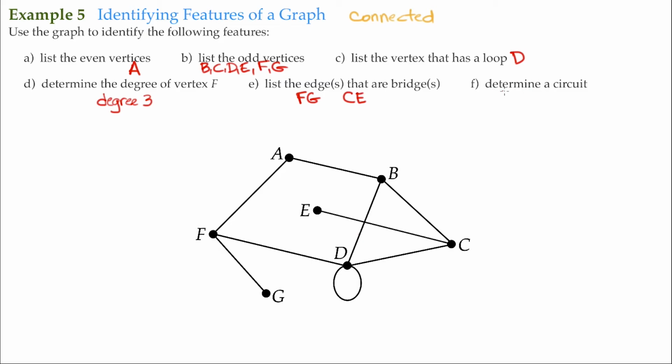And then for F, it says determine a circuit. Now there's a number of circuits on here. We're just going to do a couple of them. One potential circuit would be A to B, B to C, C to D, D to F, and then F to A. And of course, we know that a circuit is where a path begins and ends at the same vertex.